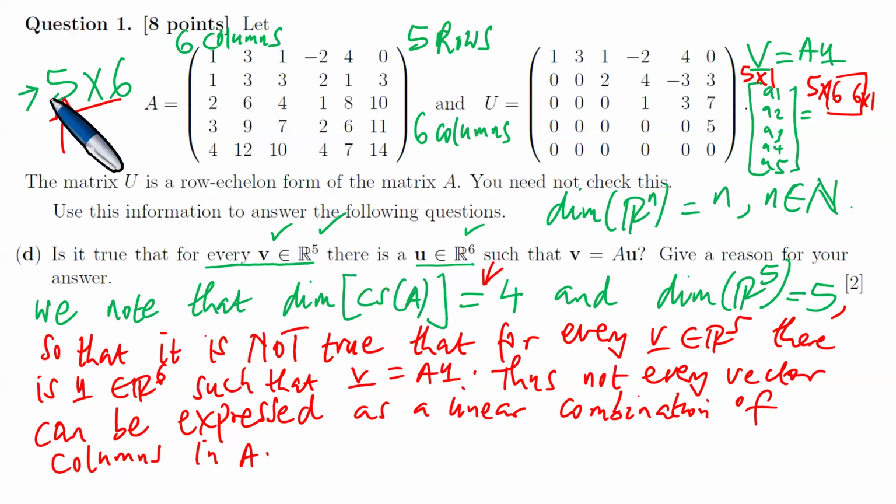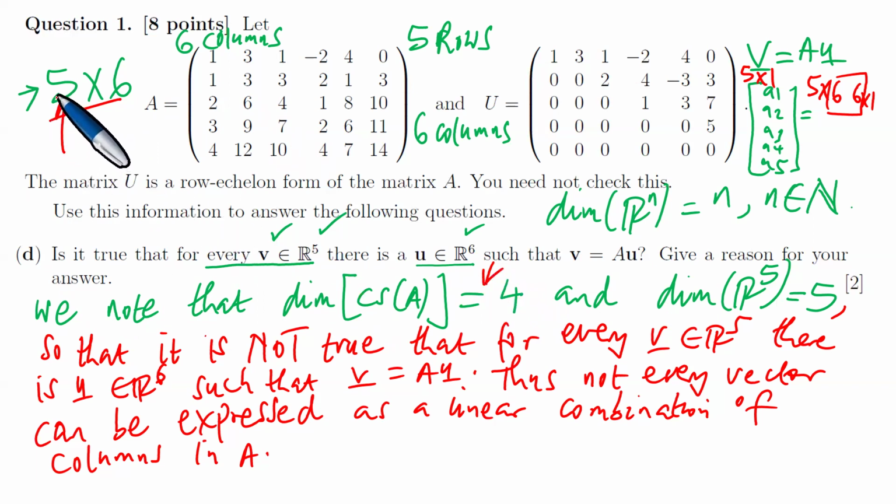So the examiner was looking at the size of the matrix A, and the fact that for every vector V in R5, is it true that you could always find a vector in R6 such that V is equal to AU? This is the question. V equals AU. Is this true or not?